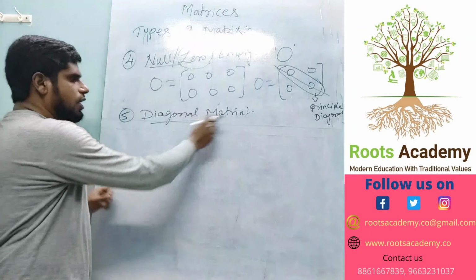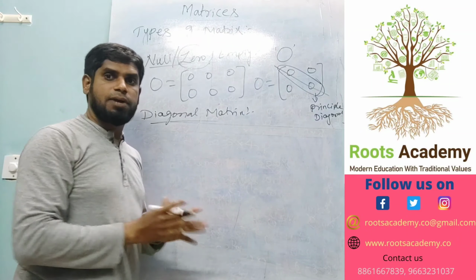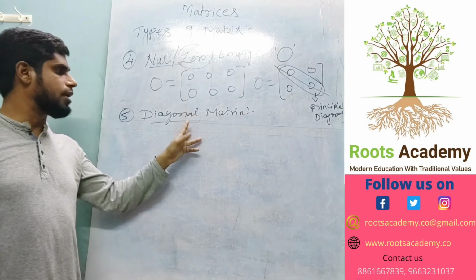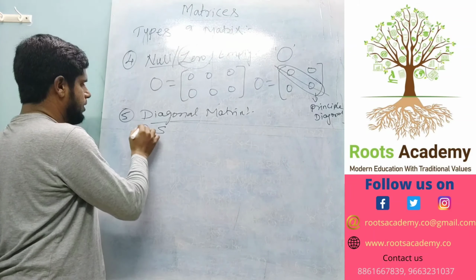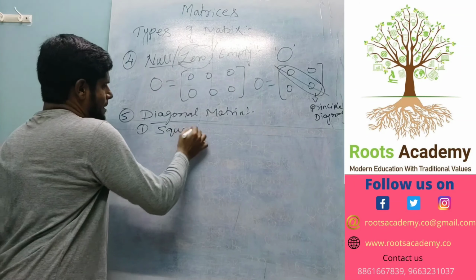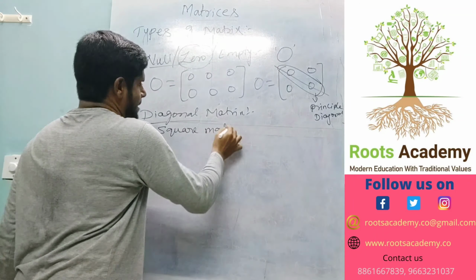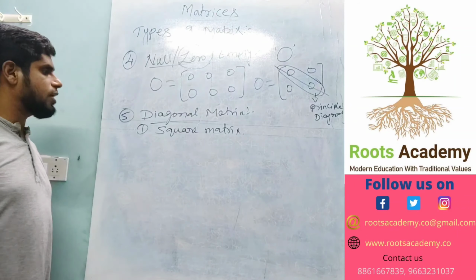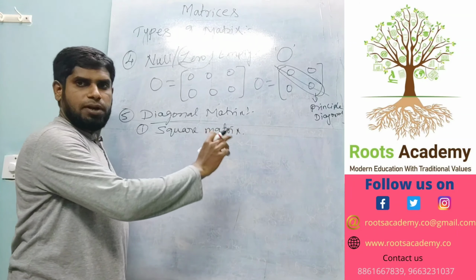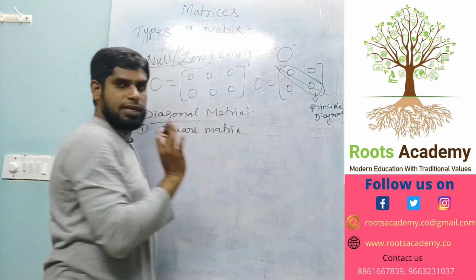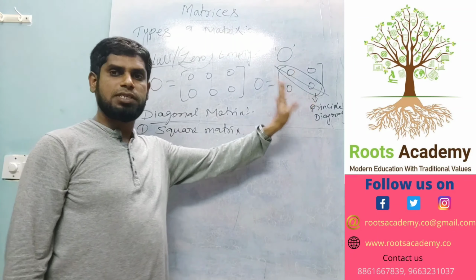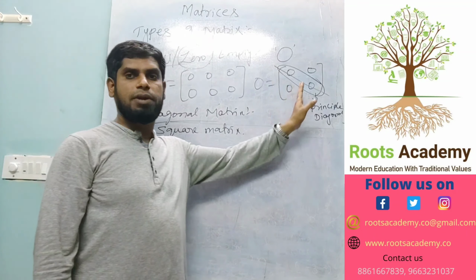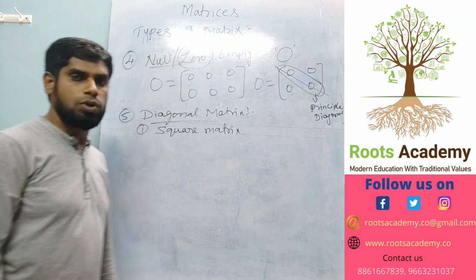Now, in a diagonal matrix, first it must be a square matrix. After that, only the principal diagonal elements must be present, and all other elements must be 0.